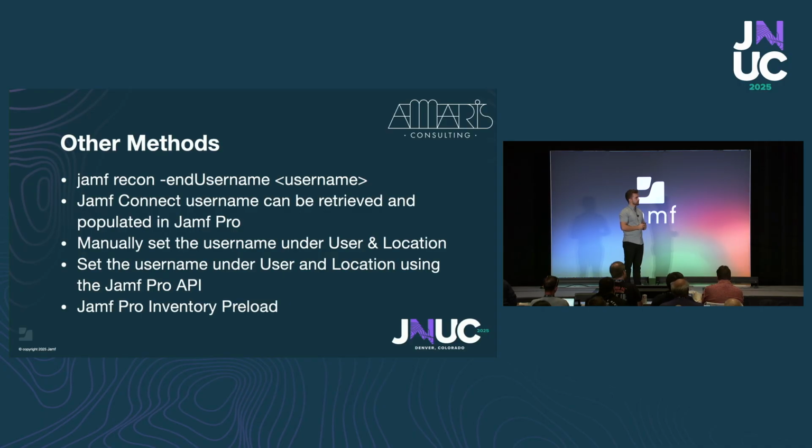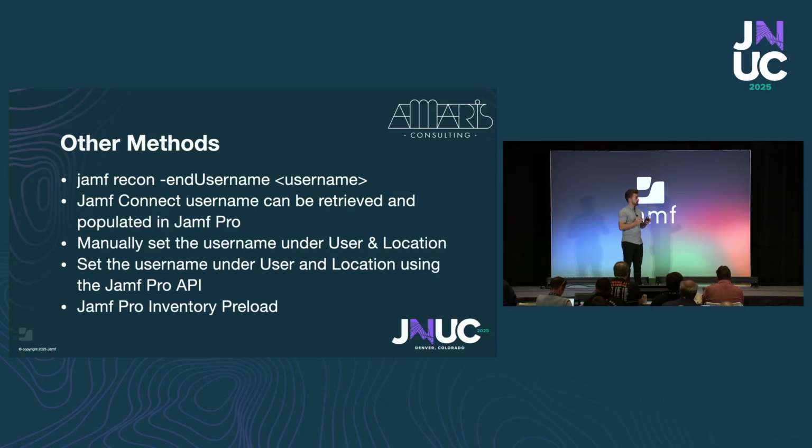Like I said earlier, there are multiple other methods that you could use to get that desired result of having the Entra ID user information pre-filled under the user and location section of the Mac. For example, the Jamf recon with the end username option, whatever you set as the username, that's going to be populated as the username under user and location.